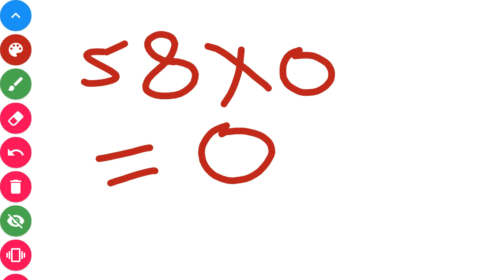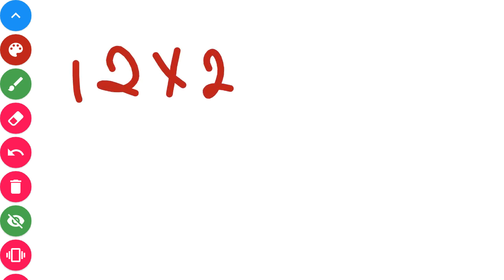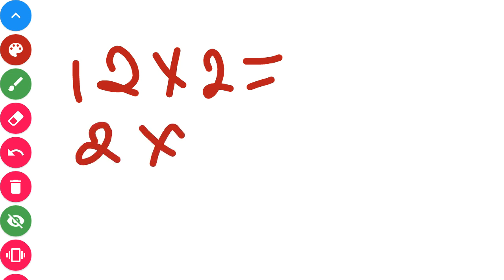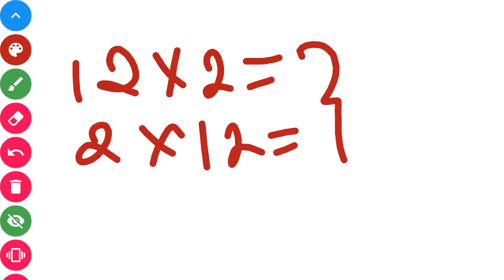Now moving toward the third property, the order property. The order property states that if I change the order of the numbers, the product will remain the same. The fourth property was the property of regrouping.